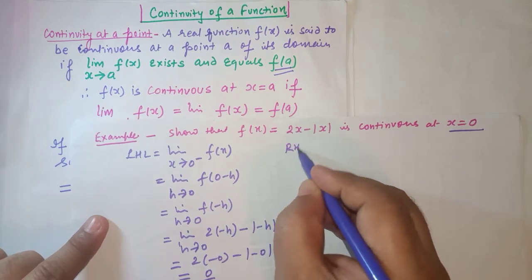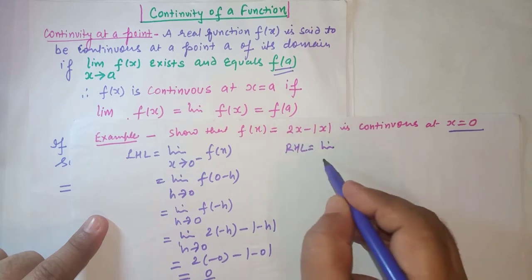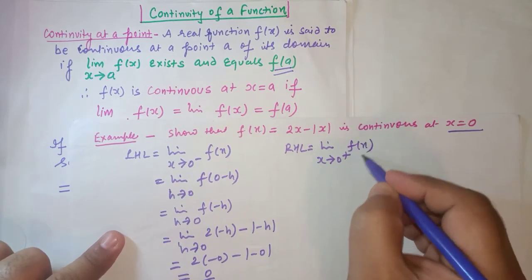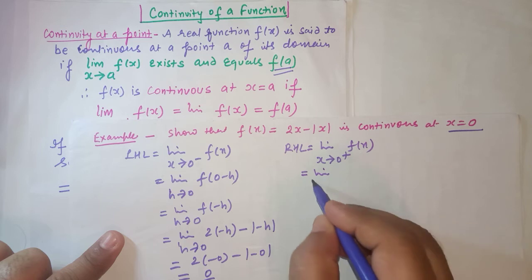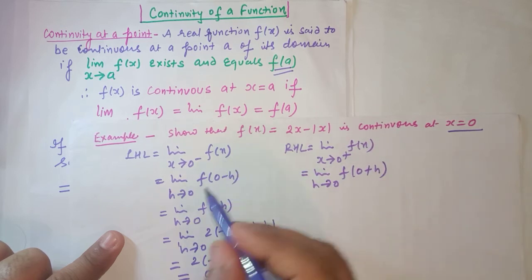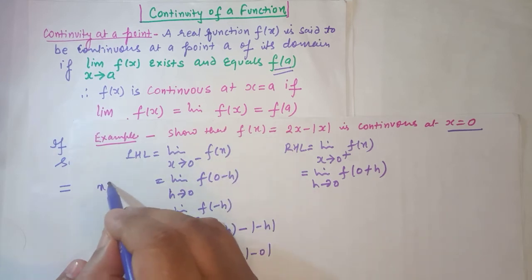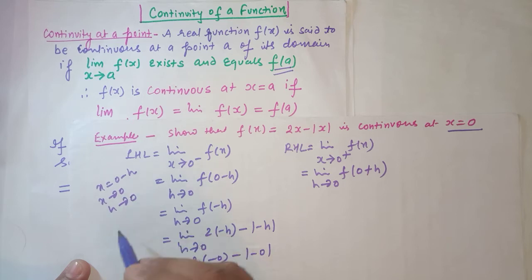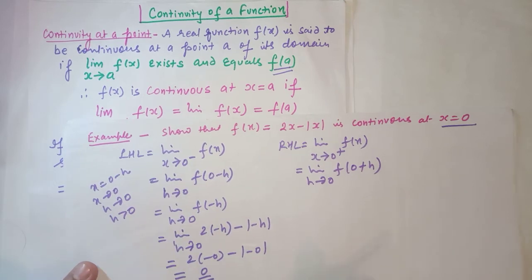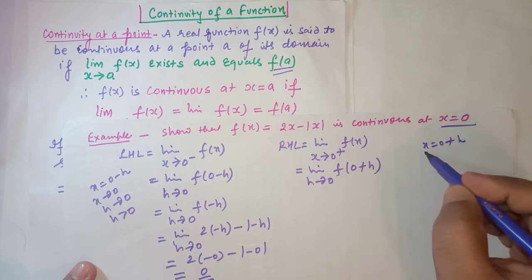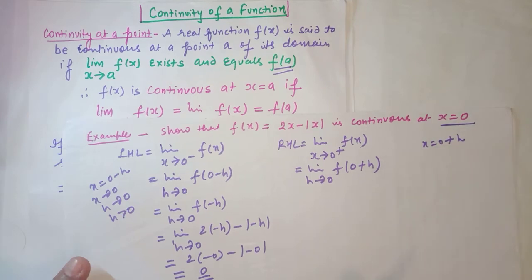Similarly, the right hand limit, x tends to 0 plus of f(x). Now here we'll write h tends to 0, f of 0 plus h. Here we are substituting x equal to 0 plus h.